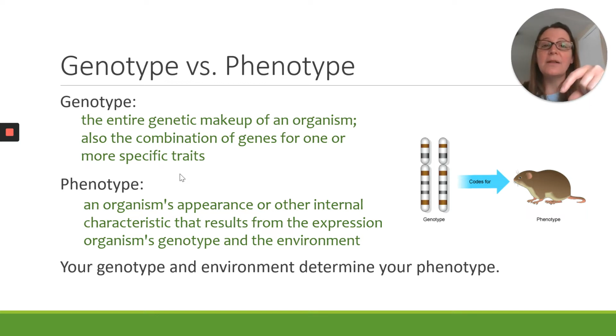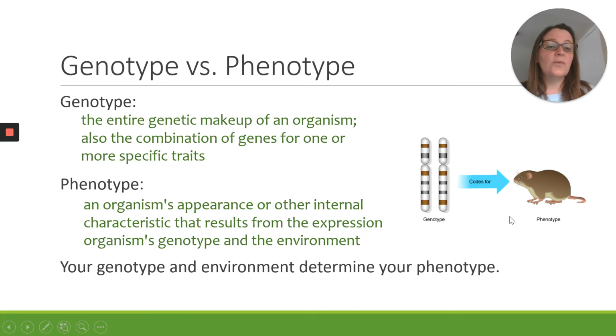It's not made correctly, and it is in the cell membrane, but it can't do its job properly. So it results in a disorder. That transport protein is still part of the phenotype, even though you can't see it. It's the physical trait. All right, so your genotype and sometimes your environment determine your phenotype.